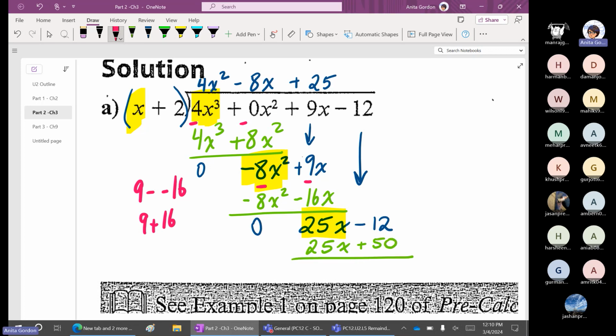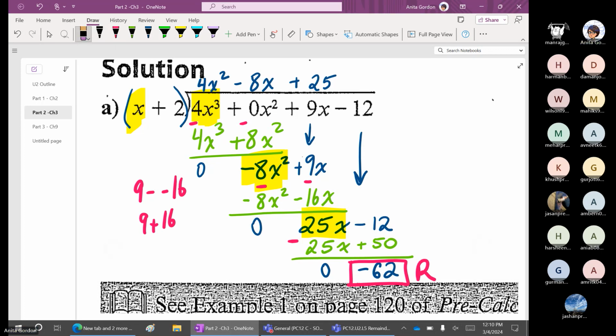And I have to minus. So here, minus 12, so negative 12 minus 50. Negative 62. I don't have anything else to bring down. So this is where I stop. This tells me that negative 62 is my remainder.